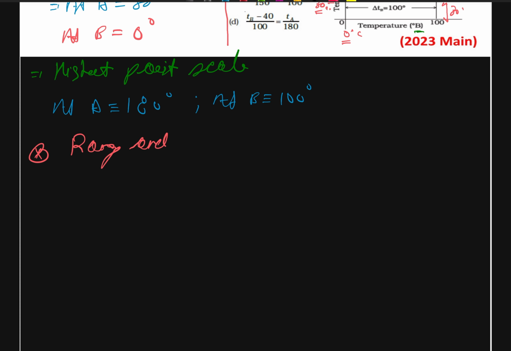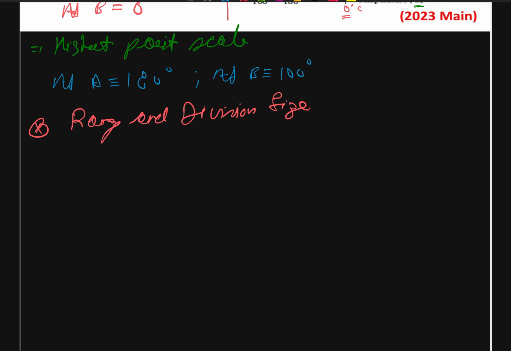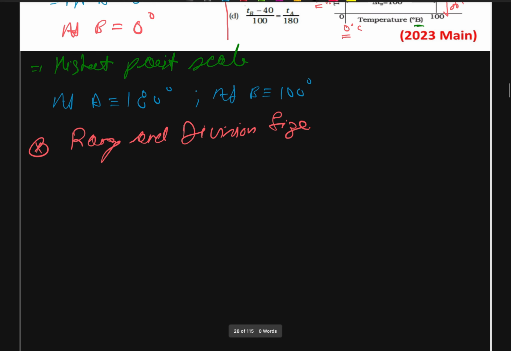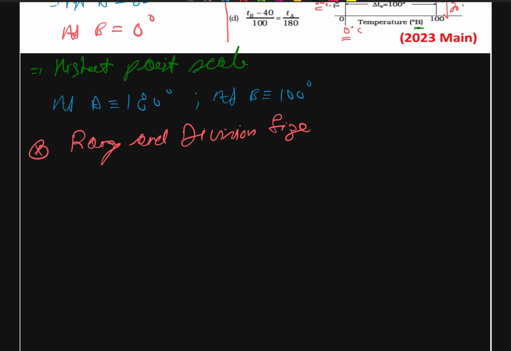So we have scale A, and for scale A, the lowest point of the scale is 30, and the upper point of the scale is 180.